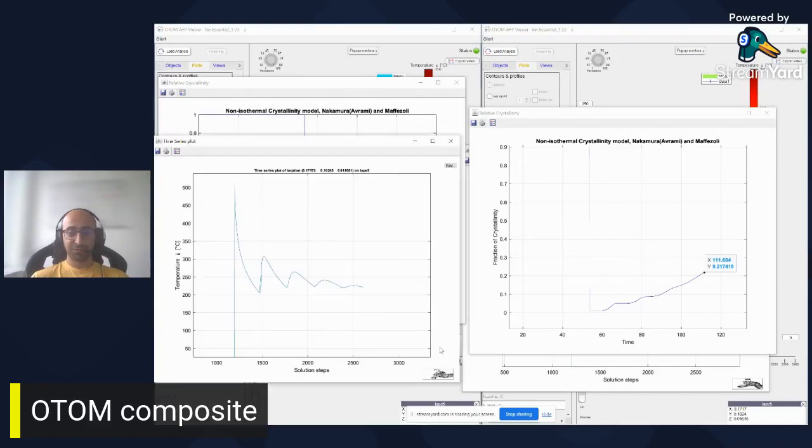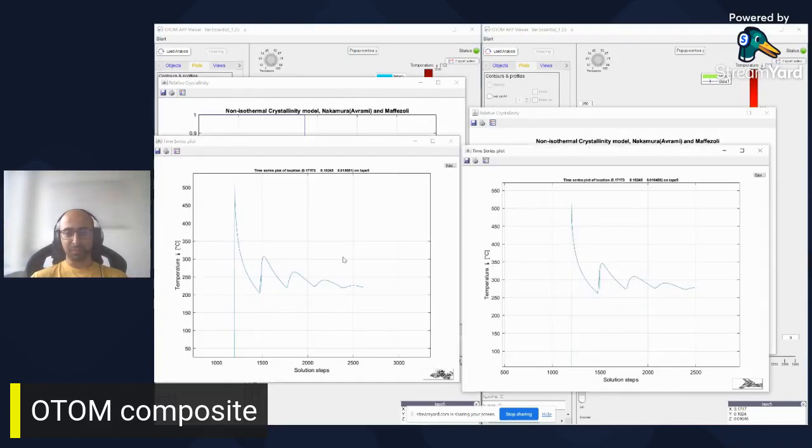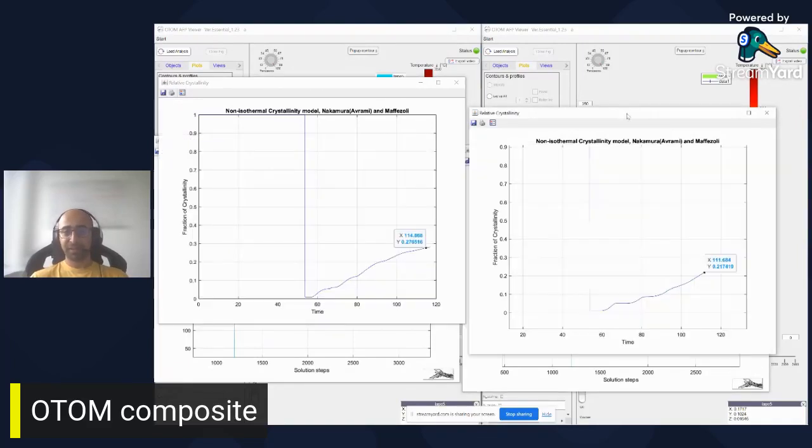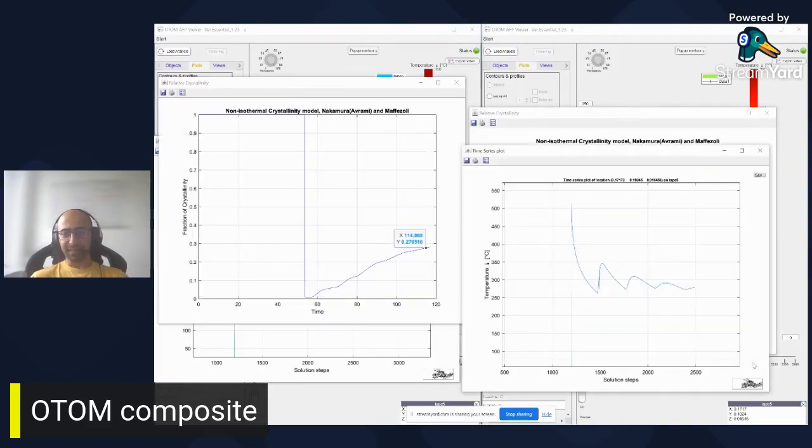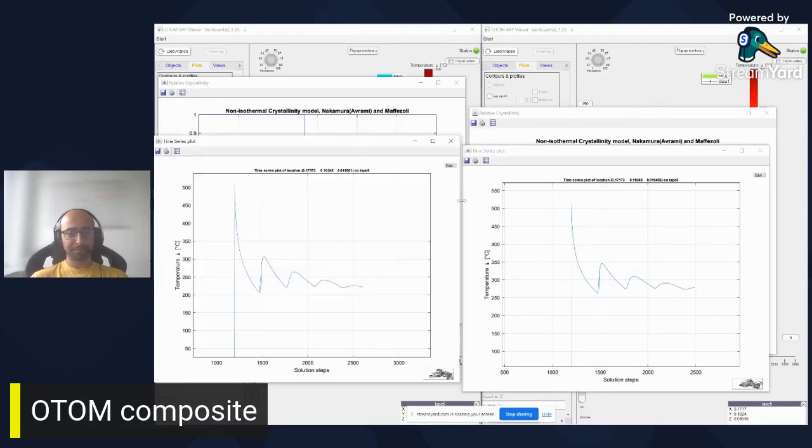This is very interesting, and the reason is that the temperature histories are almost very close to each other, and we are in the region where, based on the Avrami equations, we got a similar crystallinity at tape 5.